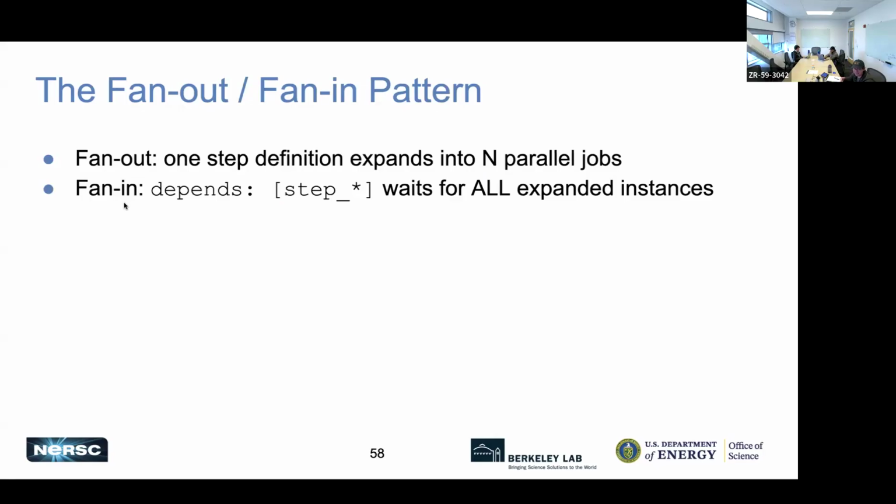To pull that back together, once all of those tasks are complete, you can use these wildcard characters. So you end up with step underscore wildcard, and that is going to hold as dependent all of the possible values for step and expect each one of them to be finished before whatever step you're defining as your aggregator actually is allowed to run.